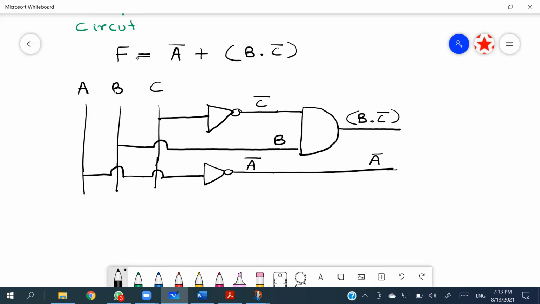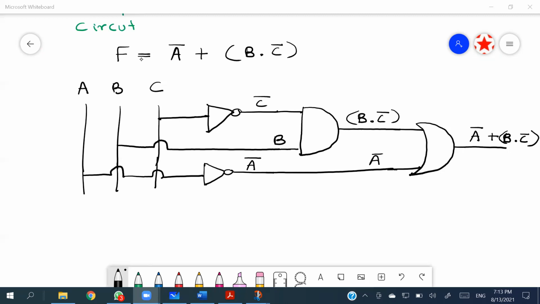Now we only need to send these through an OR gate to take the output. What is going to be the output? A bar plus B dot C bar. That is going to be your final output.